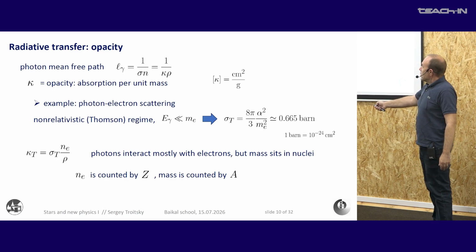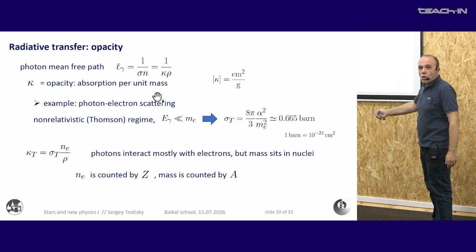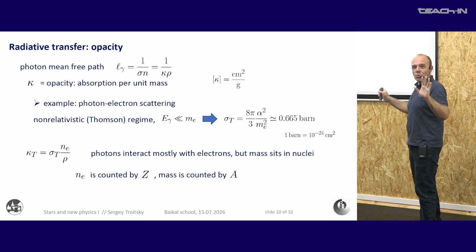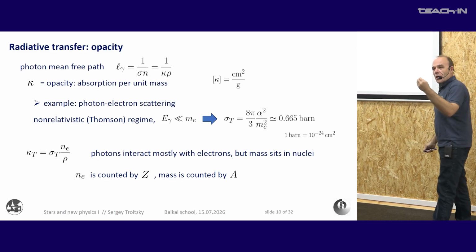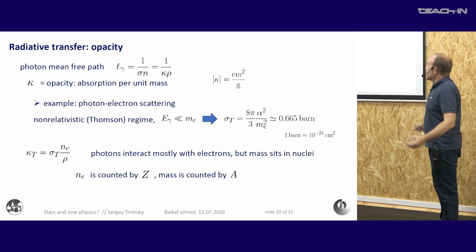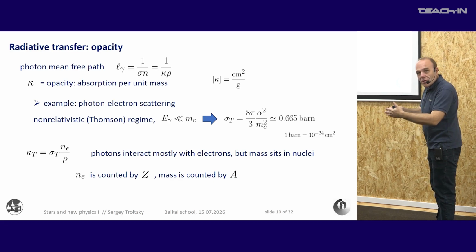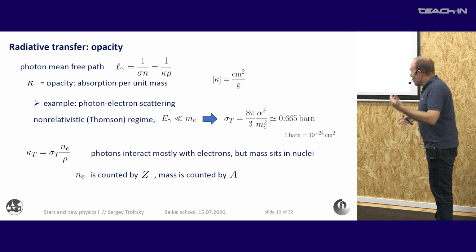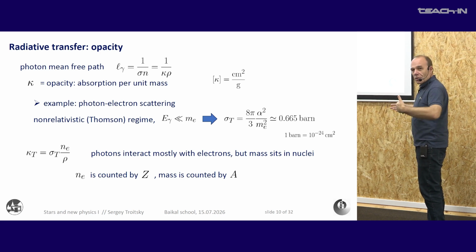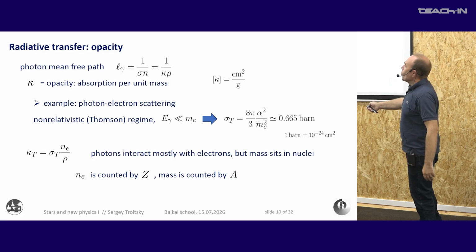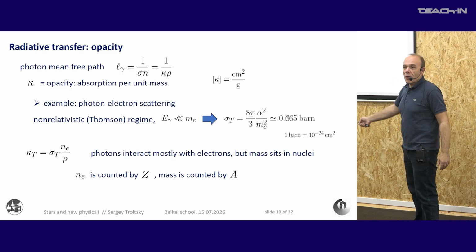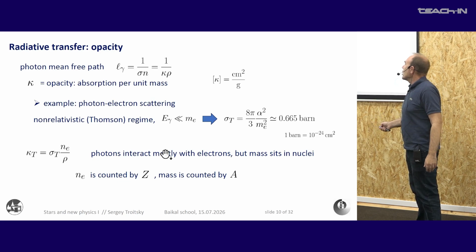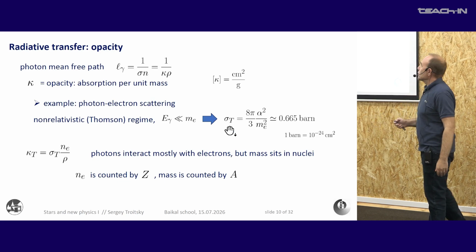Okay, how to calculate the cross-section? We particle physicists know very well how to calculate cross-sections. Take processes, calculate Feynman diagrams, matrix elements, and obtain cross-sections. We even do not need Feynman diagrams in many cases, because in the non-relativistic regime, the cross-sections may be calculated classically.